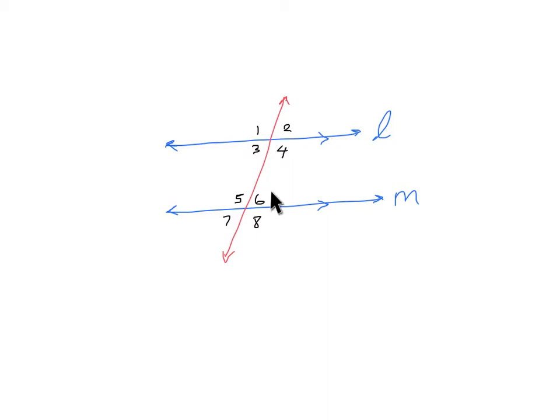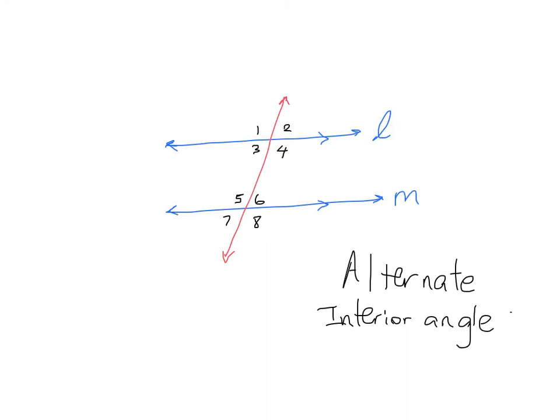So 3 and 6 are alternate interior angles. And alternate interior angles are also congruent. So 3 is congruent to 6.